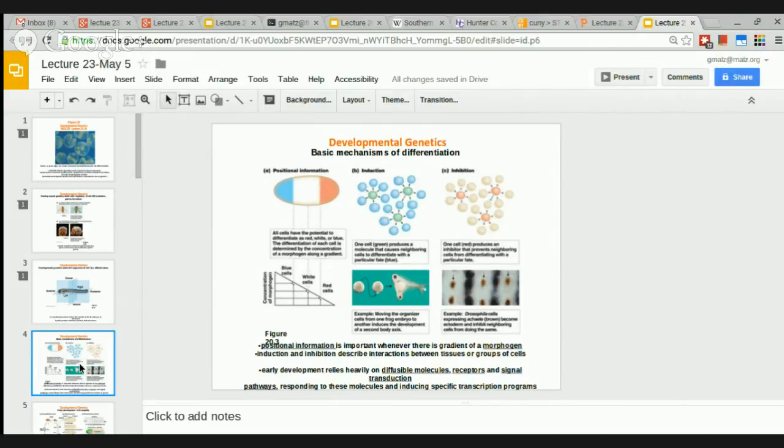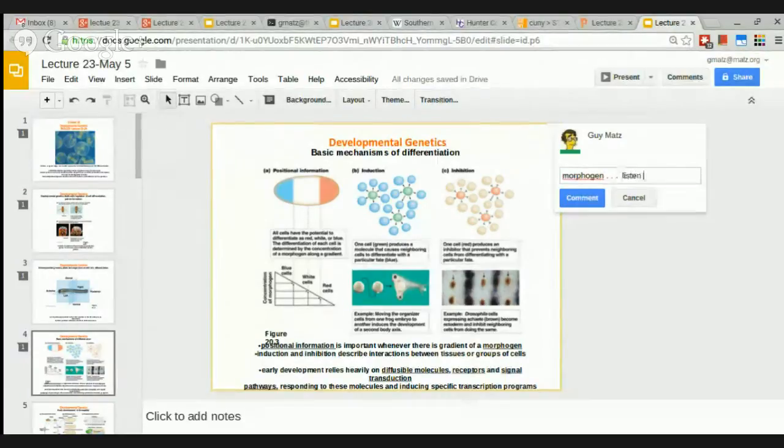So I'll tell you what a morphogen is: a signaling molecule that induces specific batteries of genes depending on its concentration. So a gradient is produced.